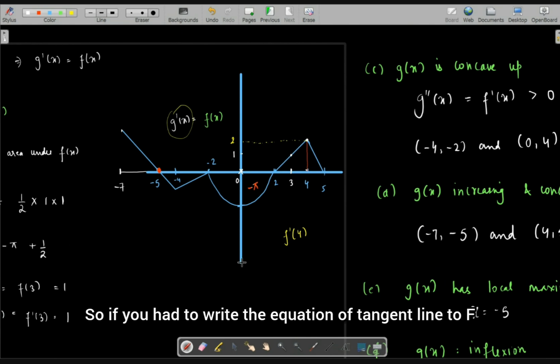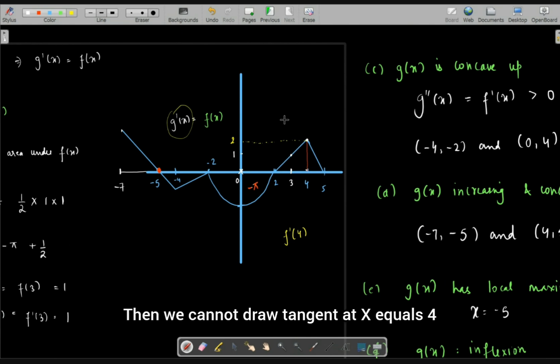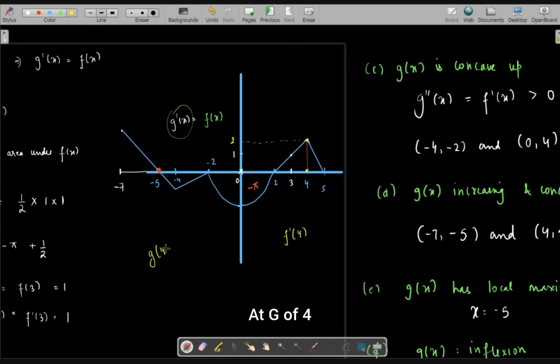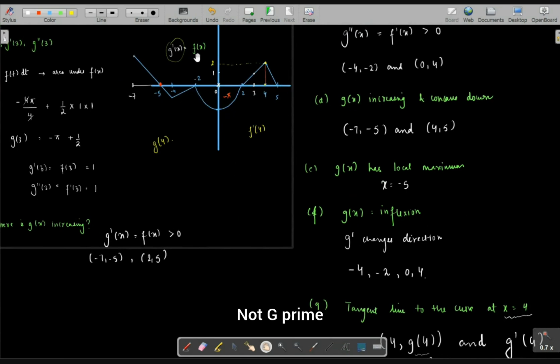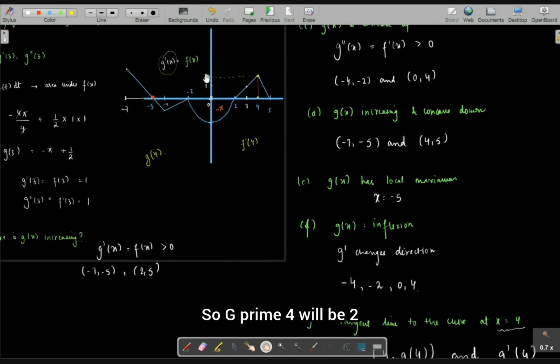So if you had to write the equation of the tangent line to f, we cannot draw a tangent at x equals 4 and the slope will be not defined. But this is already the graph of g prime. So at 4 we get the slope of the tangent at g of 4. So the slope of the tangent at g of 4 is 2. We are trying to write the tangent of g, and g prime of 4 will be 2.